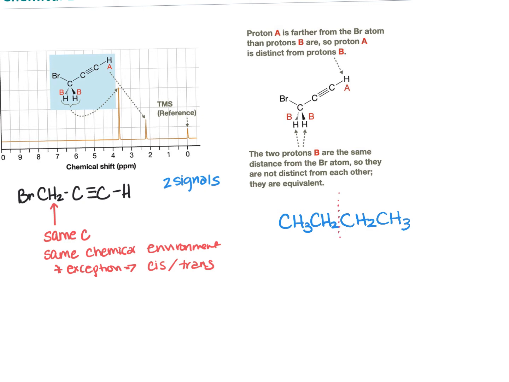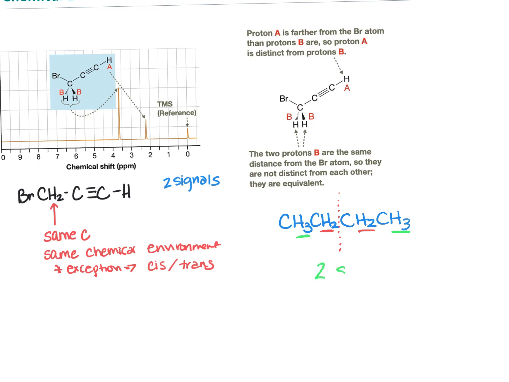The point of symmetry is right here. That means these protons and these protons are in the same chemical environment. And these protons and these protons are also in the same chemical environment.